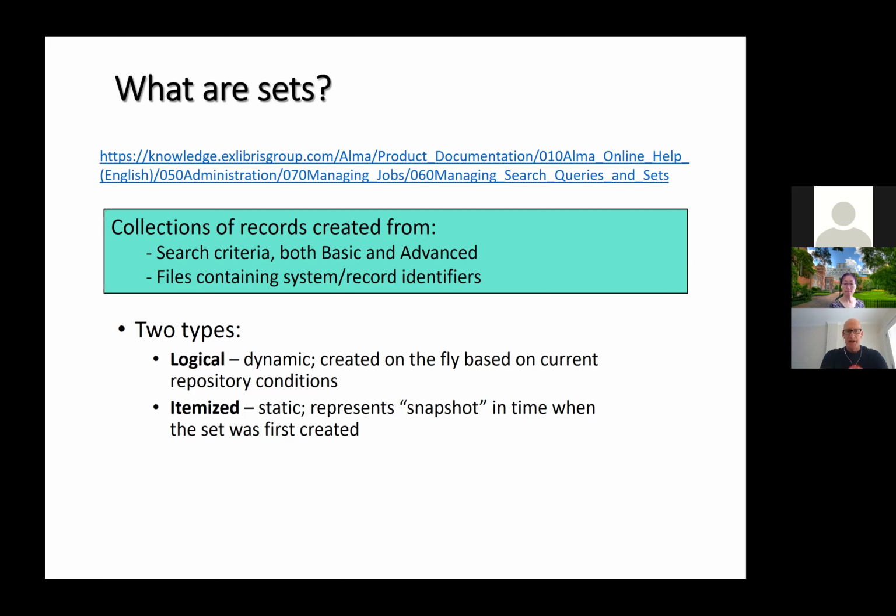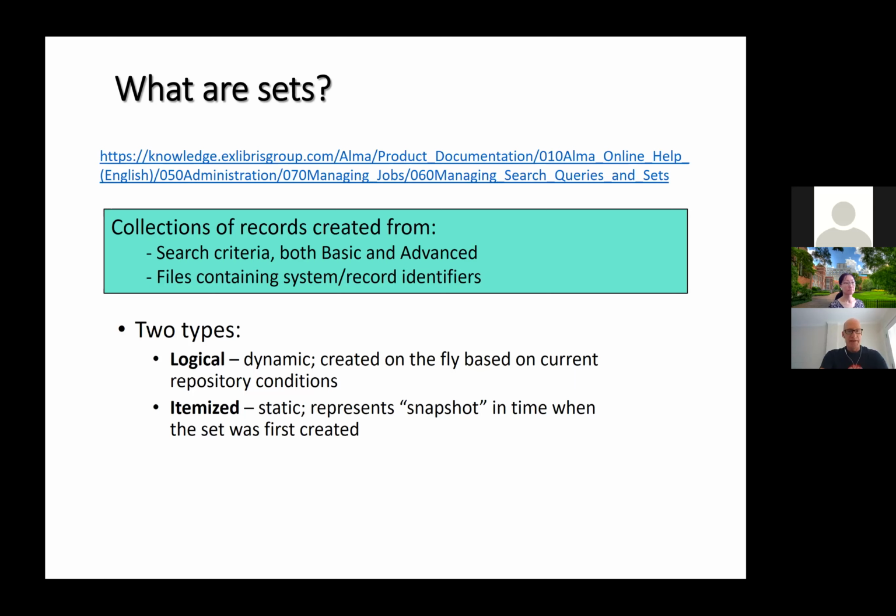Just understand that logical sets can be seen as dynamic sets. Let's say you create a logical set today and you run it today: what you're going to see is the condition of the repository for today. But if you take that same exact logical set and you run it 6 months from now, the results you get back will be the results of the repository for 6 months from now.